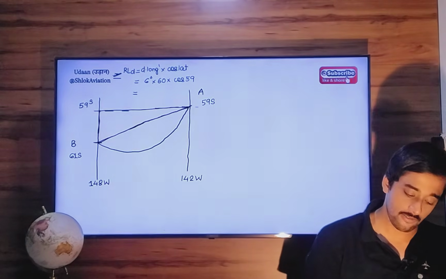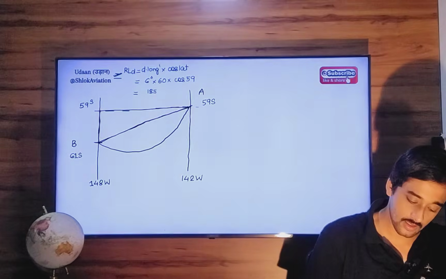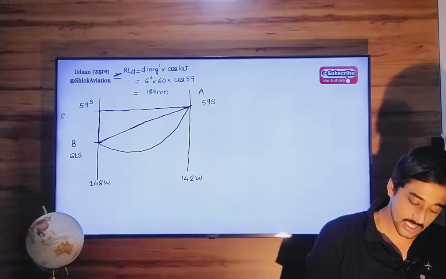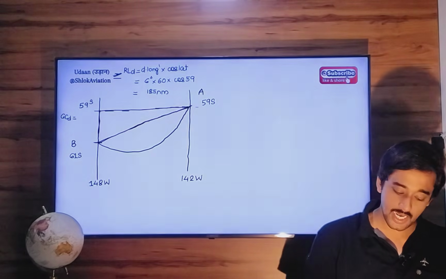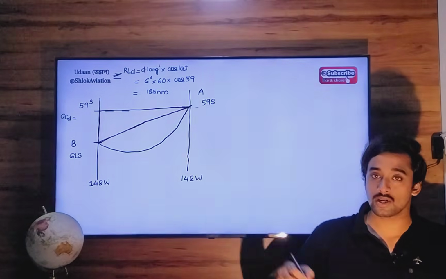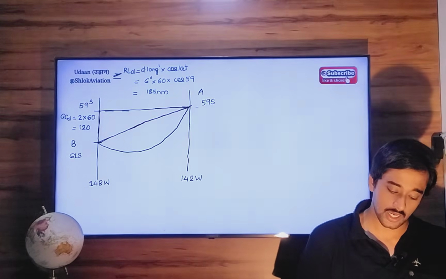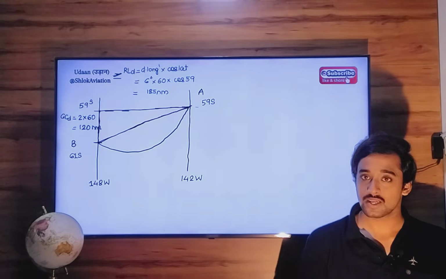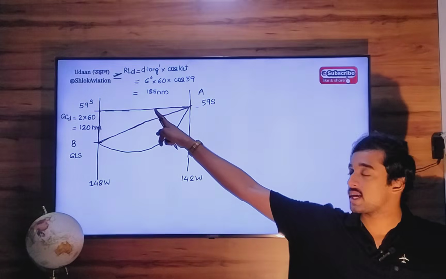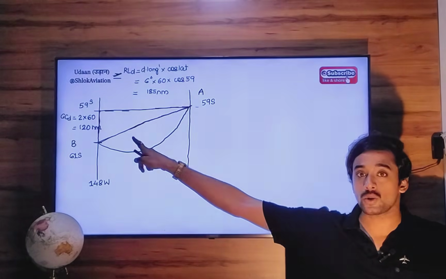So that is 185 nautical miles. Great circle distance will be d lat, 59 south, 61 south. That is 2 degree into 60. That is 120 nautical miles. So we have this side of the triangle 185 miles, that side 120.